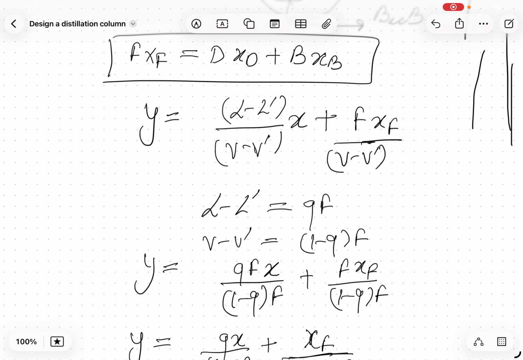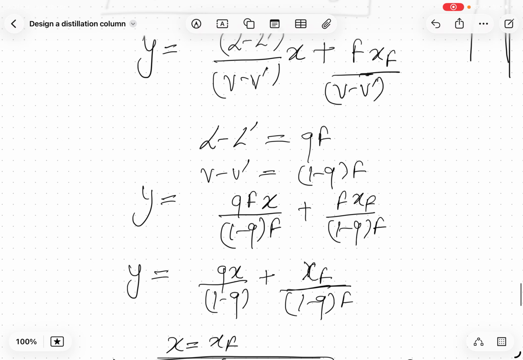So it is initially V minus V dash, L minus L dash.